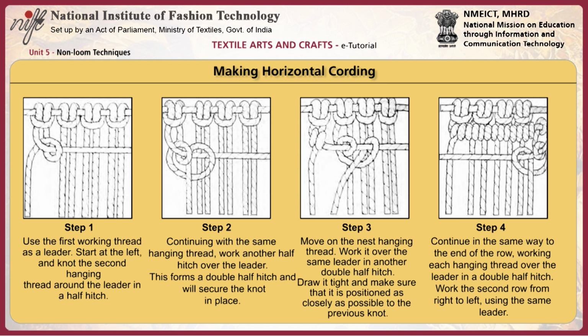Work it over the same leader in another double half hitch. Draw it tight and make sure that it is positioned as closely as possible to the previous knot. Continue the same way to the end of the row, working each hanging thread over the leader in a double half hitch. Work the second row from right to left using the same leader.